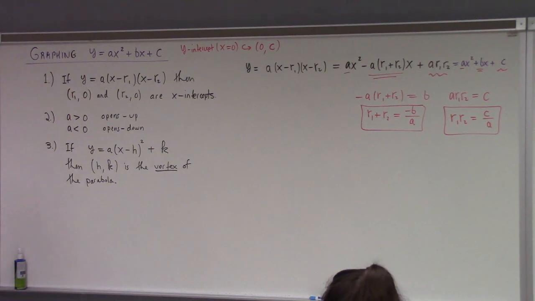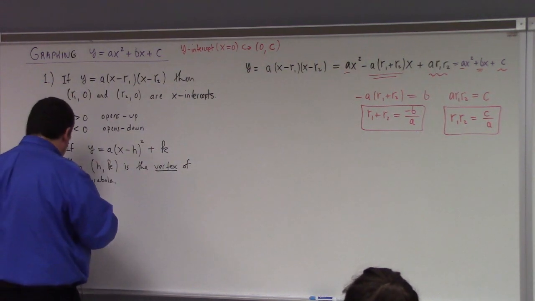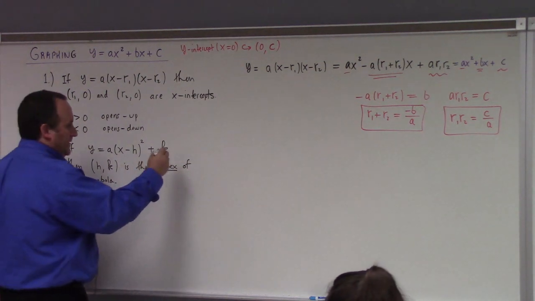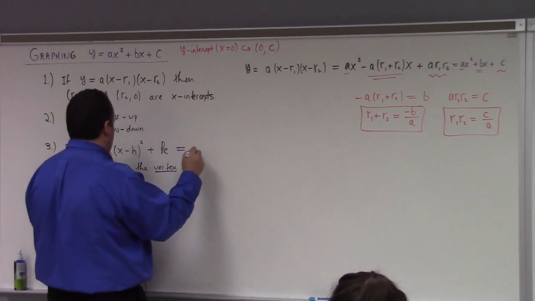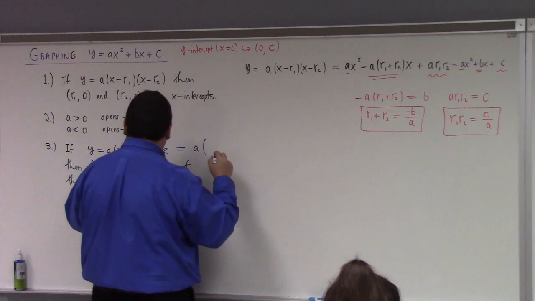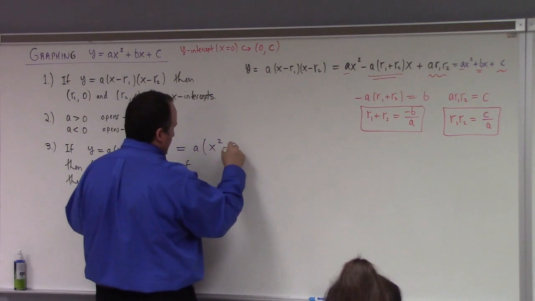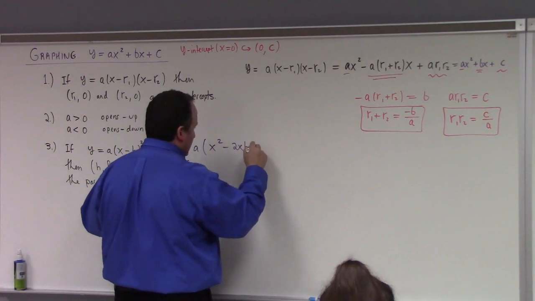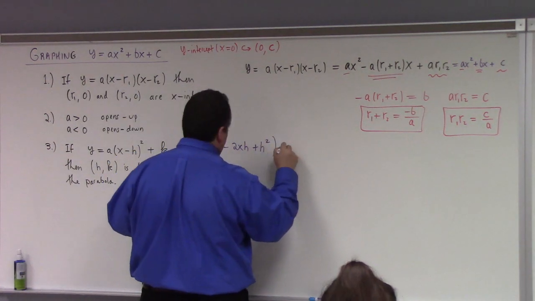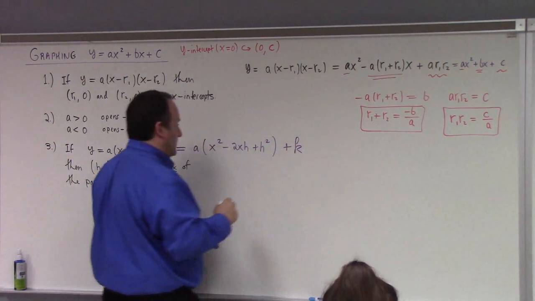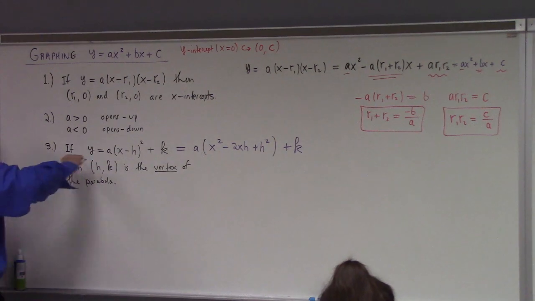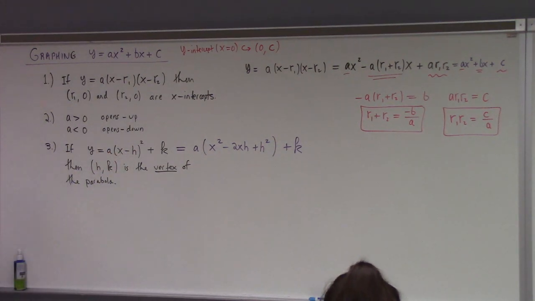So let's multiply this out. What happens when we FOIL out the vertex form here? This is equal to a times, multiply x minus h squared out, you get x squared minus 2xh plus h squared, plus k, right? All I did was multiply that out.